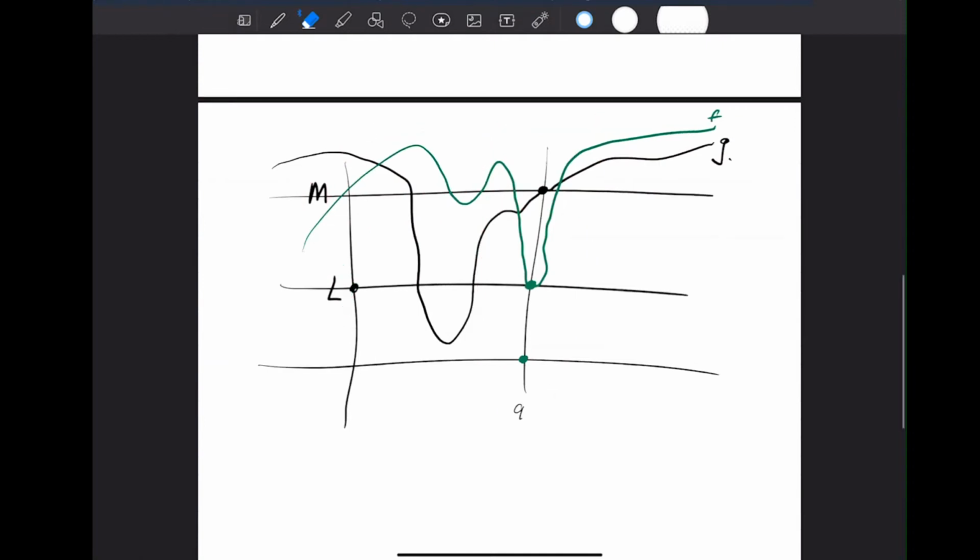And in the end, we will take the smallest of the two intervals because we want f to be below this red line, and we want g to be above this red line at the same time. So we will take the smallest of the intervals that we obtain around a. And to be able to obtain these intervals around a, we need to know what this distance is.